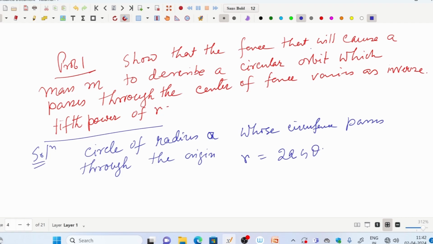Okay. So, this is the equation for a circle whose circumference passes through the origin.